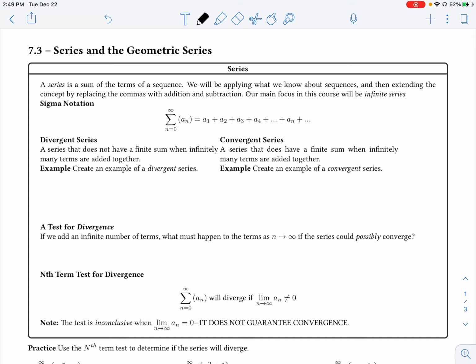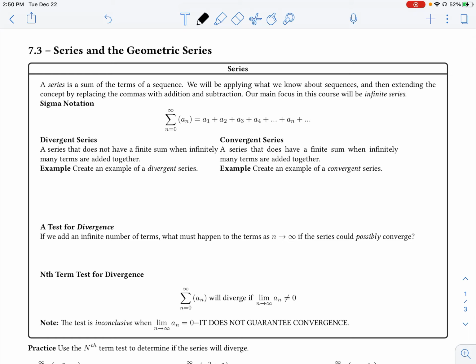So we're adding and adding and adding an infinite number of terms, and if it doesn't ever look like that sum is going to settle in on a finite value, in other words, it keeps getting larger or it keeps getting smaller, we would call that a divergent series. However, when a series does have a finite sum when infinitely many terms are added together, we call that a convergent series.